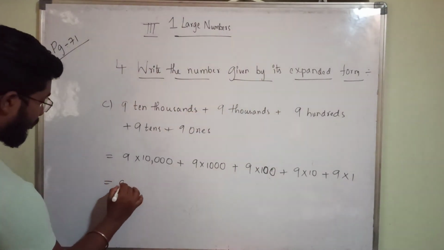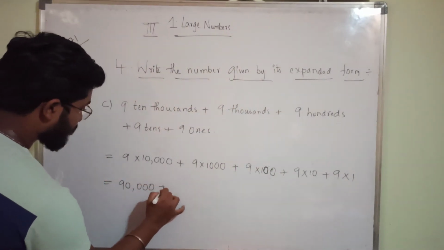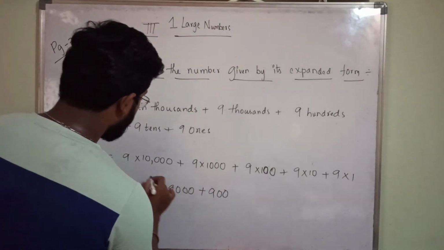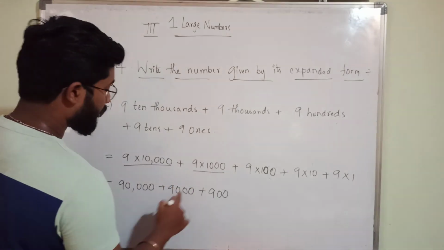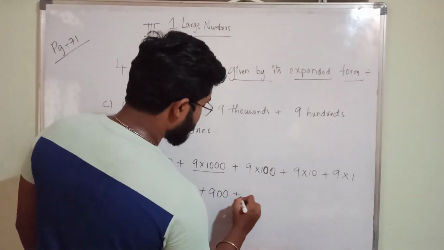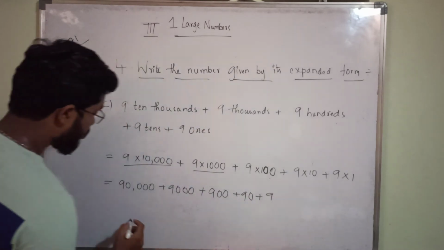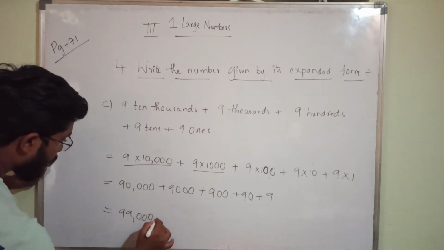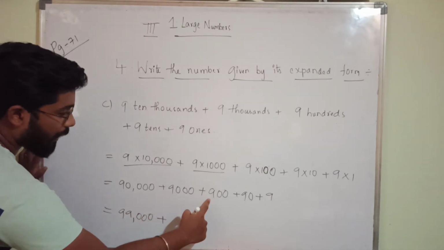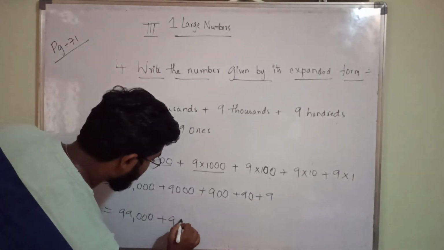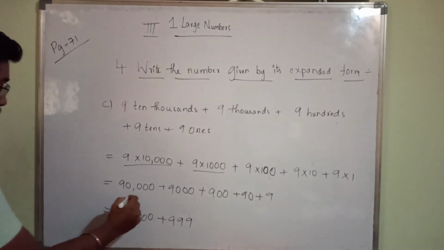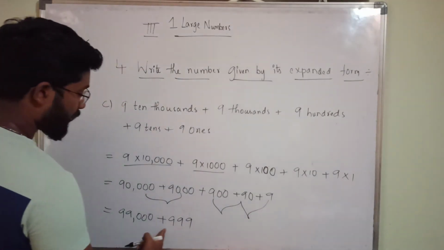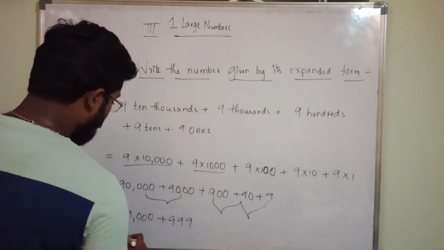So this is 90,000 plus 9,000 plus 900 plus 90 plus 9. What is the final answer? Adding the first two you get 99,000, and adding these three you get 999.